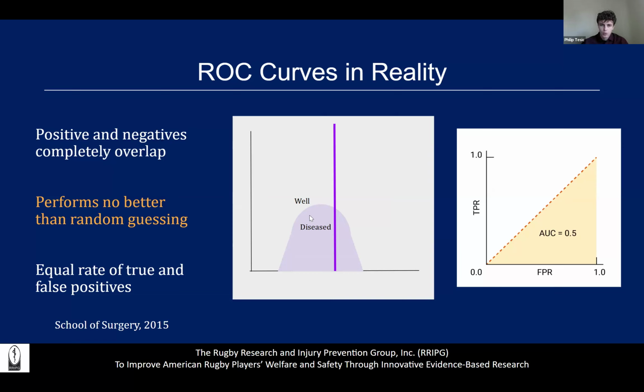In this case, the well and the diseased are completely overlapped, so at no point in which we would move the cutoff point along the continuous x-axis would we be able to balance out sensitivity and specificity, giving us an area under the curve of 0.5, which performs no better than random guessing because there is an equal rate of true and false positive rates.